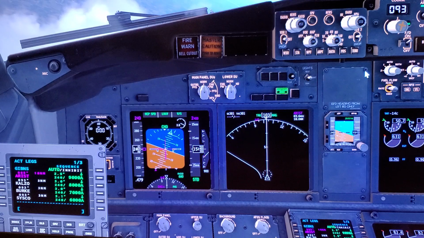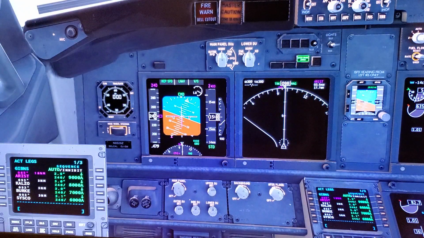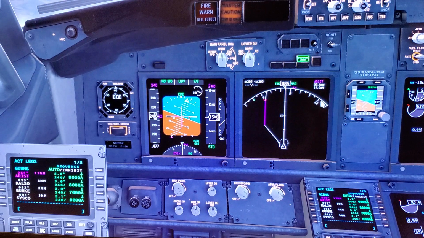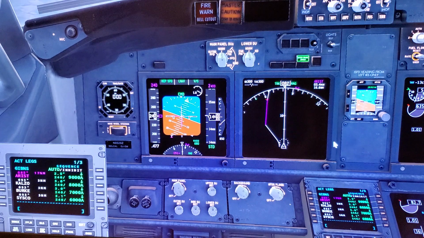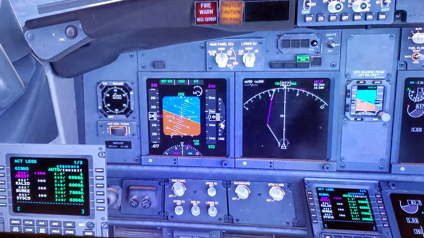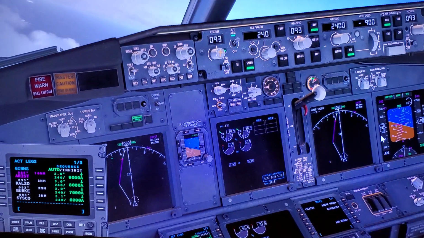So we are turning toward the artist, to the right wing. I should be at 9,000, already I'm at 500. We have 17 nautical miles. I have almost 6,000 feet more to descend.